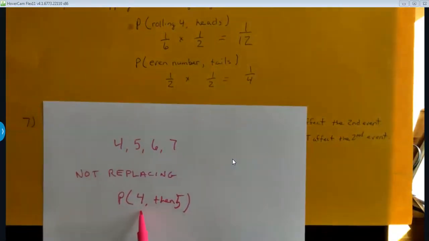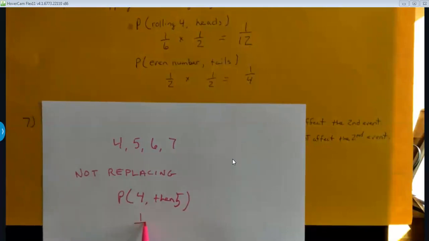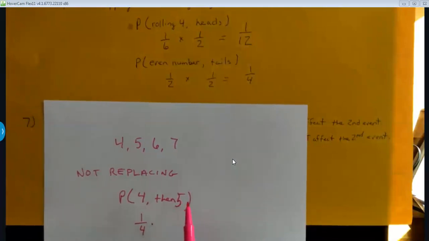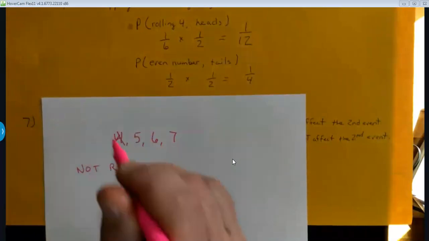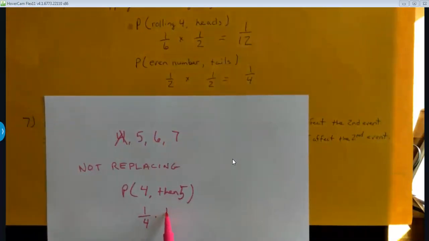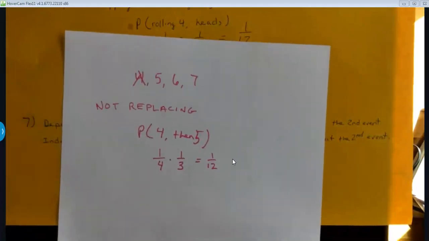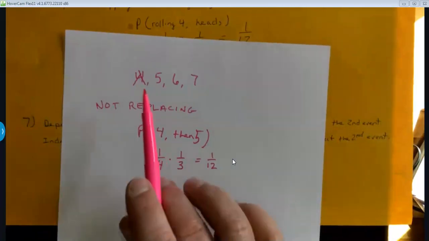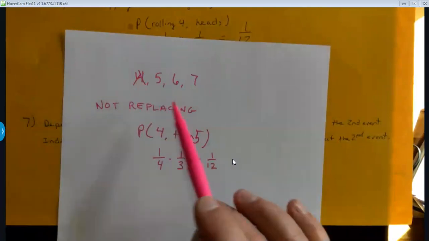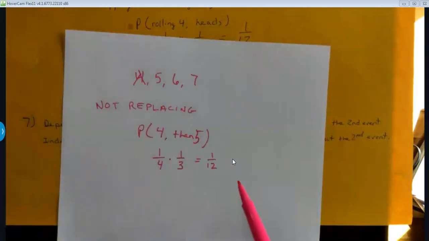Well, the probability of getting a 4 is going to be 1/4 times the probability of getting a 5. And if I'm not replacing, the 4 is no longer in my set. That's going to be 1/3. And the probability of that happening then would be 1/12 because I'm not putting it back in to my set of data. Okay. And that would be a dependent event that affected what happened on my second draw.